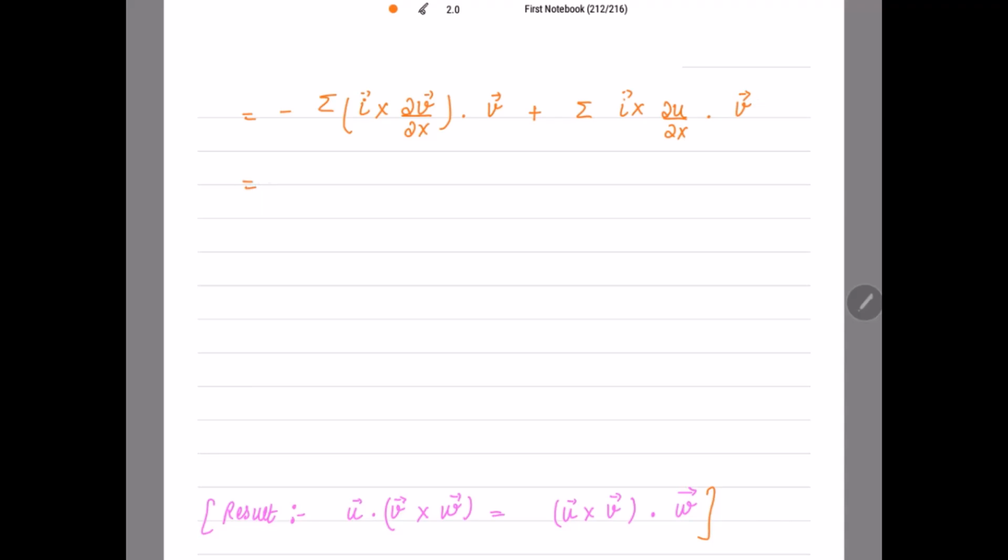So this is equal to, in bracket, now I'm writing the second term first: i cross curly u over curly x dot v, minus summation i cross curly v over curly x dot v vector.